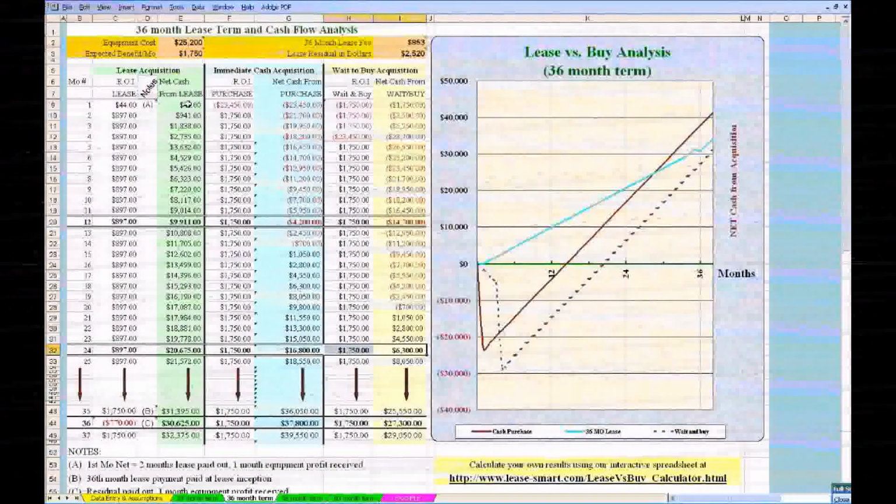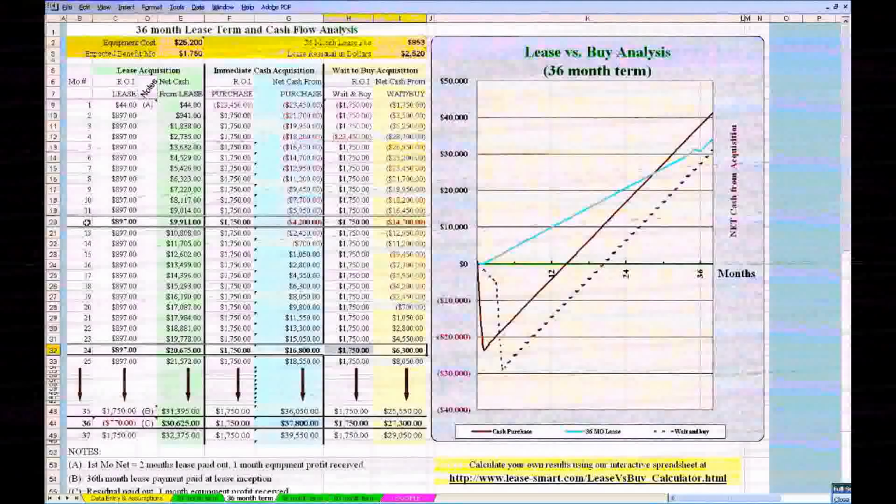On the left half of the screen, you can see the net dollars in our customer's bank account as a result of his choices. Red numbers indicate that the equipment still hasn't paid for itself. Remember that if he paid $25,200 cash out of pocket, he's got to make $25,200 of new additional profits just to get out of the hole.